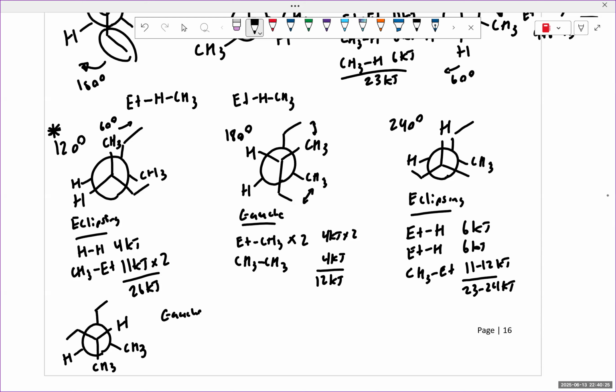Here we have some gauche interactions for this 300-degree conformation. We have an ethyl-ethyl gauche interaction, which is about 4 kilojoules, and we have a methyl-methyl gauche interaction, which is also 4 kilojoules for 8 kilojoules of total strain.